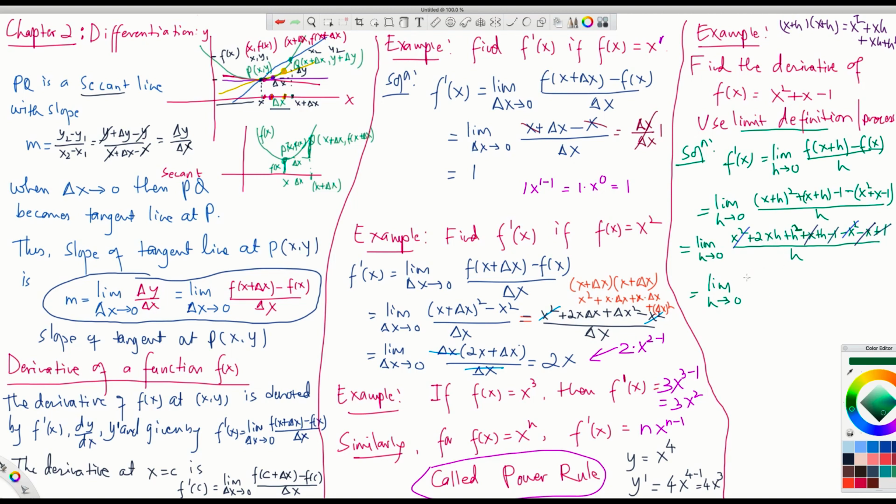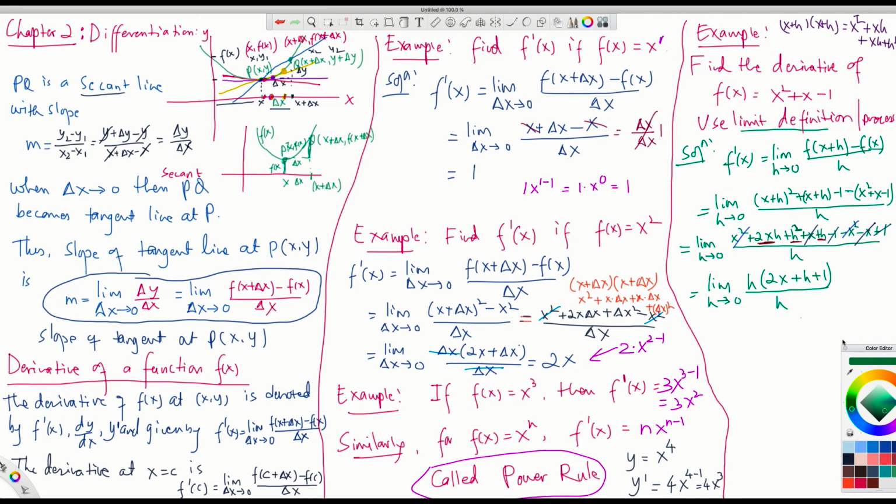You can factor out h. If you factor out h, you will get 2x plus h plus 1, right? Because there is one more term. You see that? Which are the terms left there? This is one term left, that is another term, and that is another term. You see that? So divide by h, right?